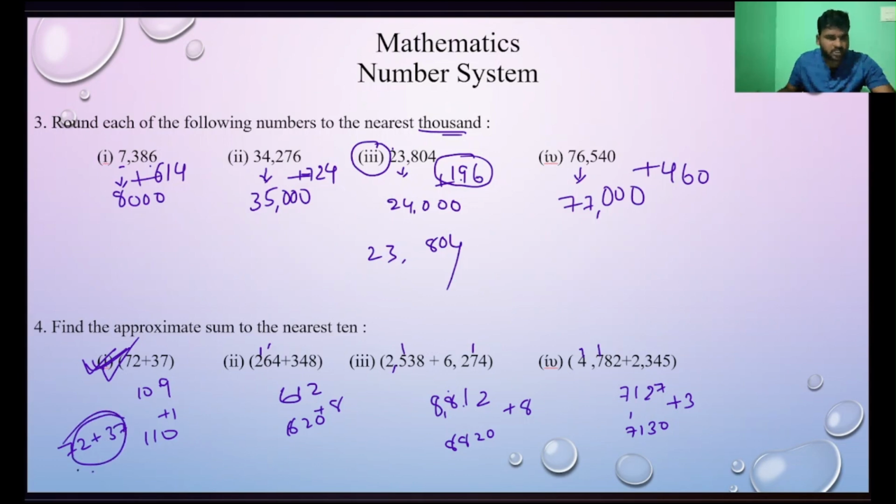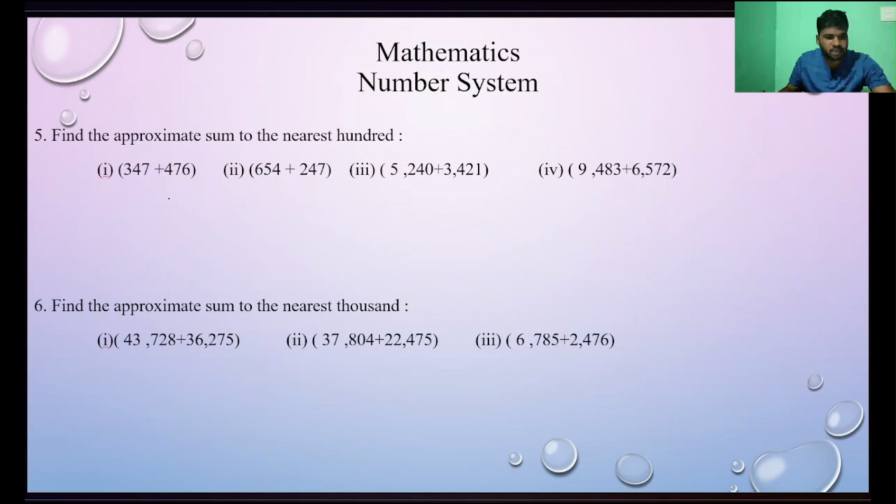Now similarly, likewise, the same thing we can do here also. If we do this here, 7 plus 6 how much? 13. And 7 plus 4 is 11, 11 plus 1 is 12. So 12 here. And 3 plus 4 is 7, 7 plus 1 is 8 here, and again 11 here, and 9 plus 1 is 10 here, and 6 plus 2 is 8, plus 1 is 9 here.